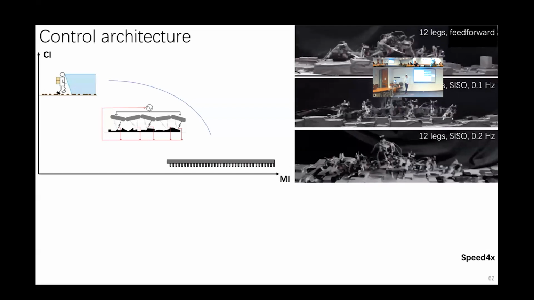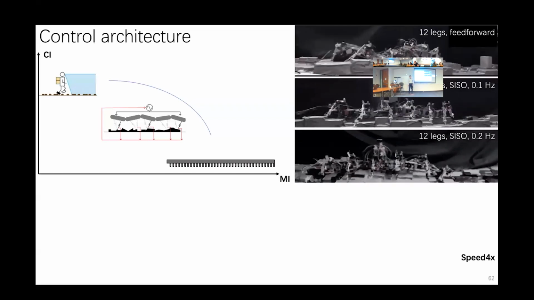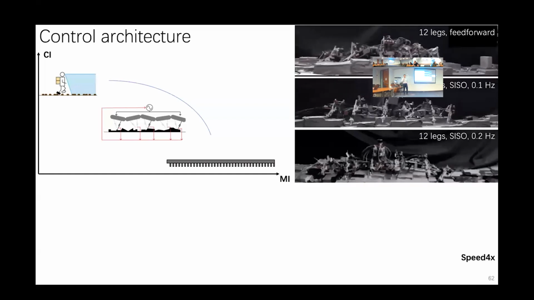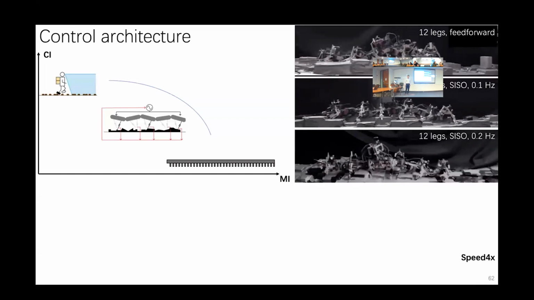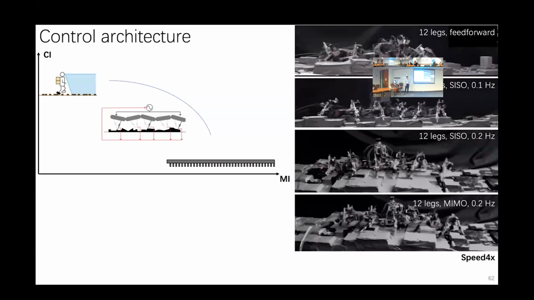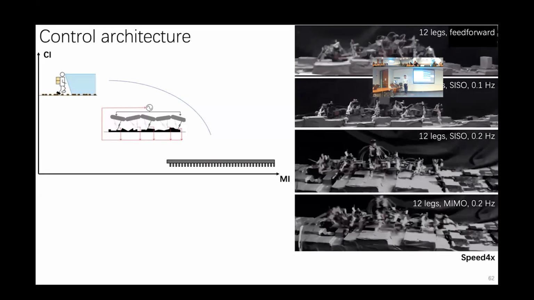Operating at 0.2 Hz, we get much better performances. And then we wonder, why do we have to limit ourselves to a single input, single output controller? We can design a multiple input, multiple output controller that can also substantially improve our performances.